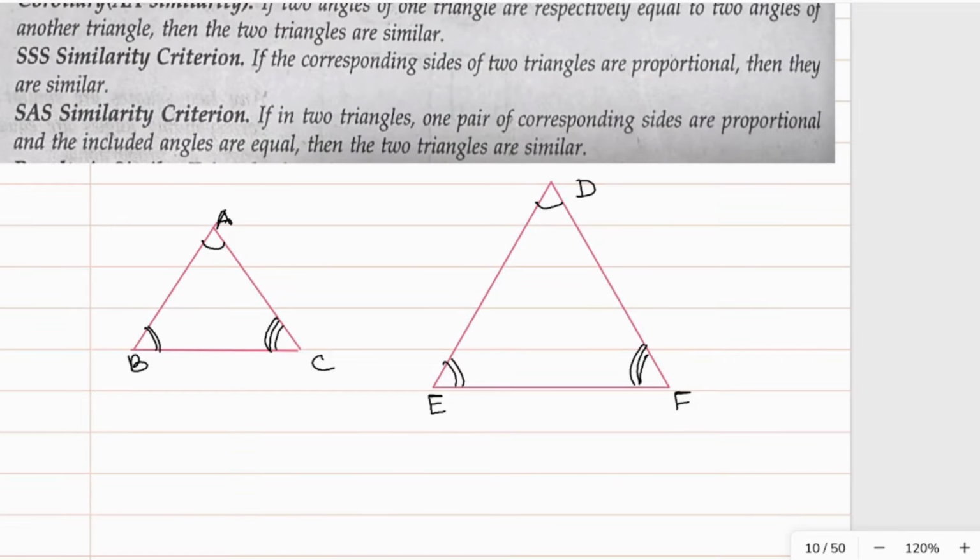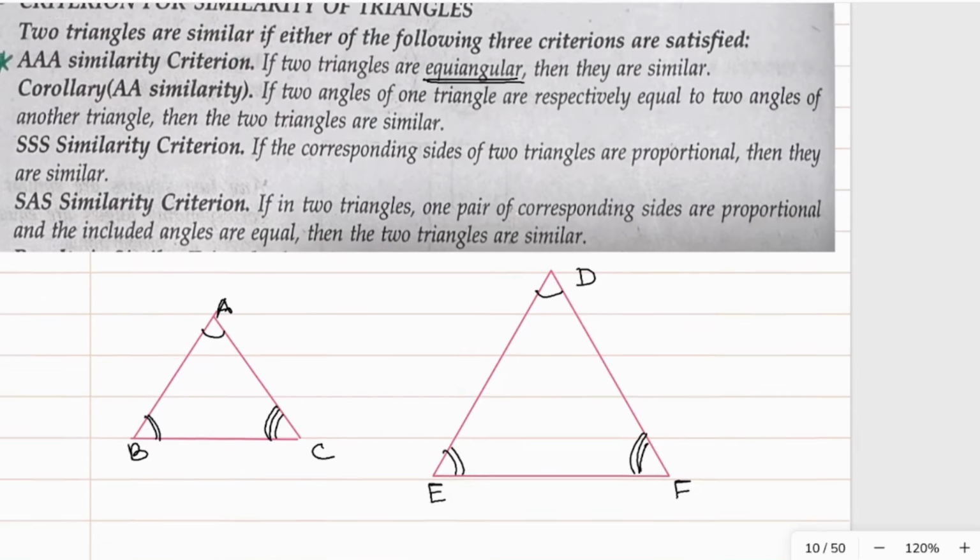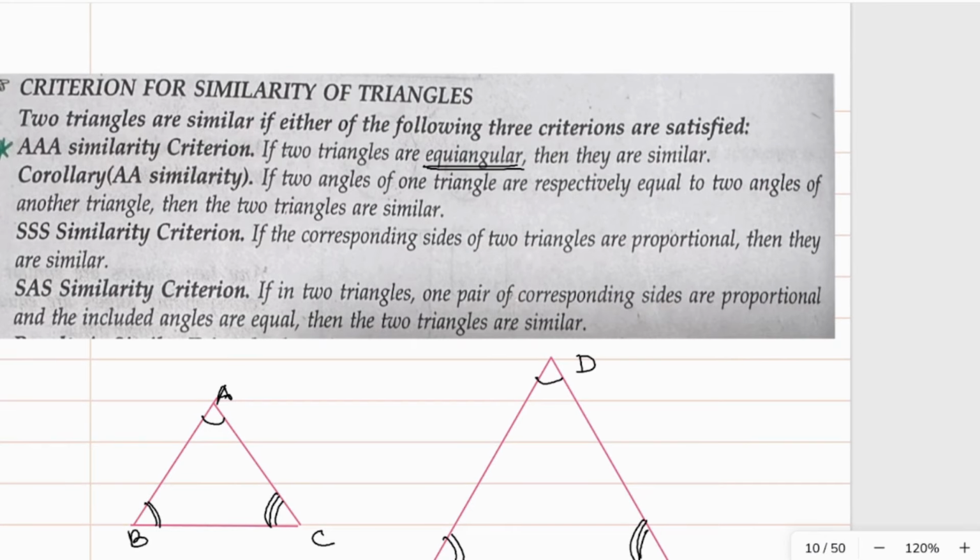Okay, now let's learn the theorem. Here we have to learn about the criteria for similarity of triangles. There are some criteria, like if it satisfies, then we can tell that those two triangles will be similar. Two triangles are similar if all its angles are equal. If at least two angles are equal, then also, using the AA criteria, we can tell that both triangles are similar.